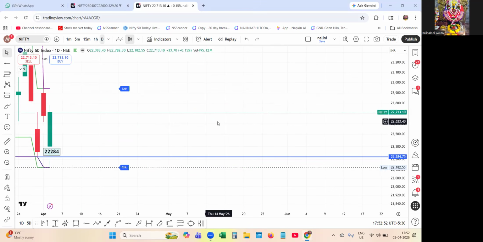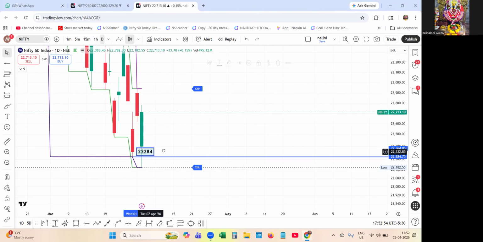If I change the time frame to this level, you can see clear liquidity sweep. Market from the open, it moved down and later during the day, 3rd hour, the market pushed higher.